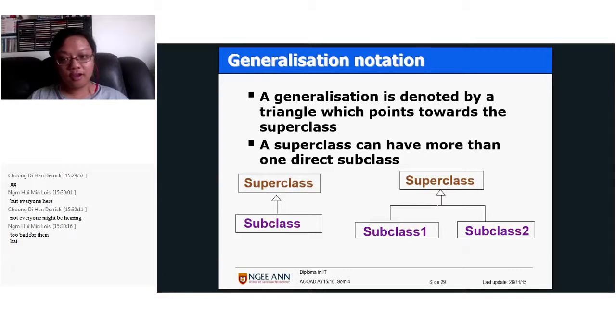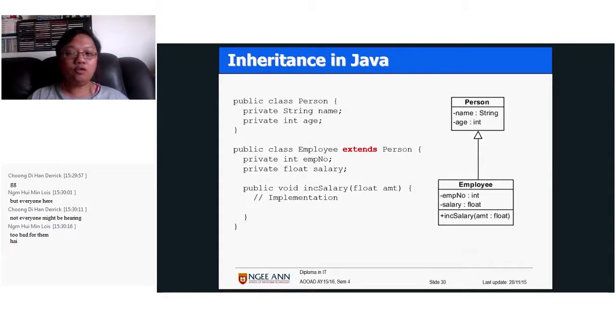Okay. So how do you do inheritance in Java? If I have this class diagram on the right, the superclass I will just declare as per normal. It is just a class called person with a private string name and a private int age. In order to have an employee inherit a person, the keyword for Java is extends.